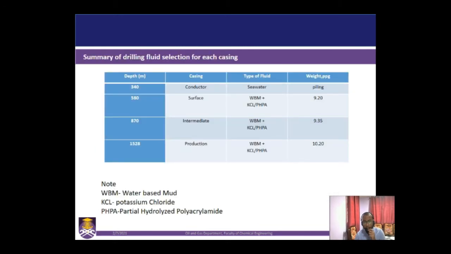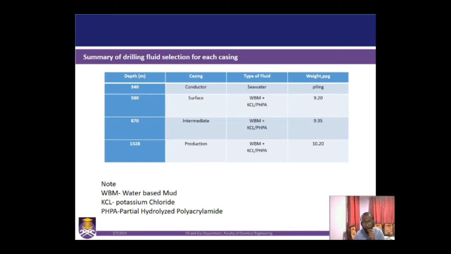This is a summary of drilling fluid selection for each casing. At depth 340 meters, conductor, seawater. At depth 580, surface, the type of fluid we use is water-based mud, KCl, potassium chloride, and PHPA, partially hydrolyzed polyacrylamide.